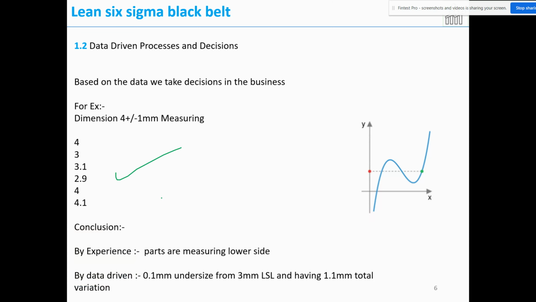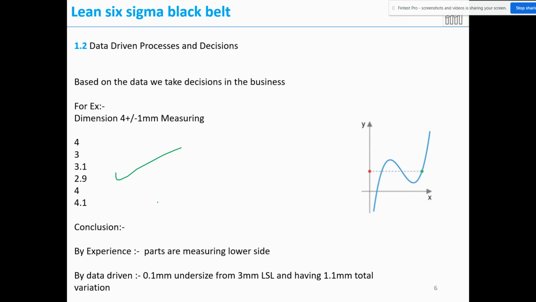Okay, so now you got an idea what a data driven process is. It can be about sales, or process parameters, or product parameters, or anything. Only if you measure will you come to know what the actual variation is. By data driven methodology, we can draw a conclusion saying this is what is going to happen, or this is what is happening.